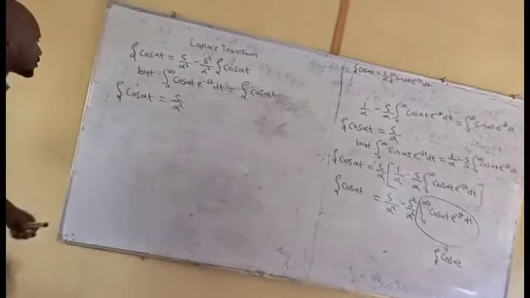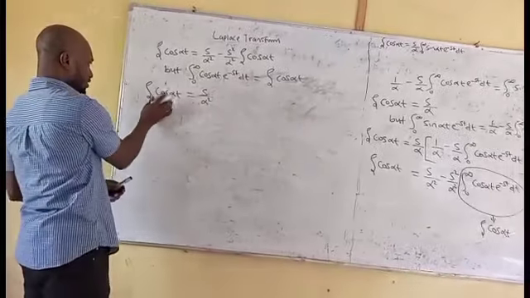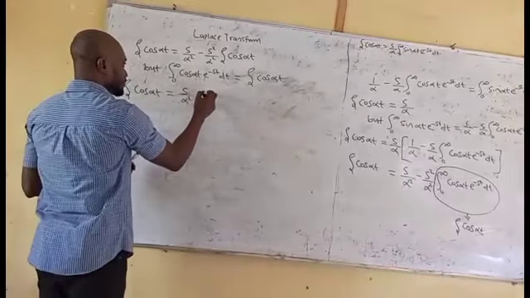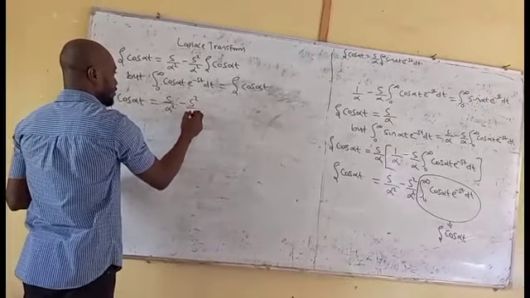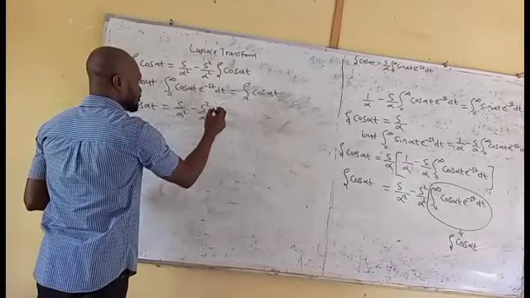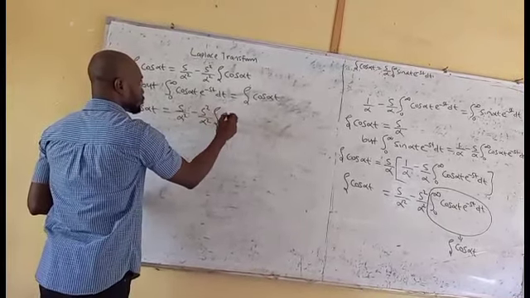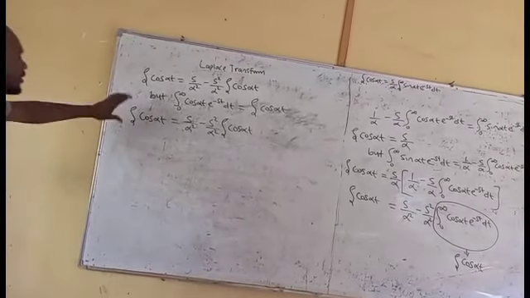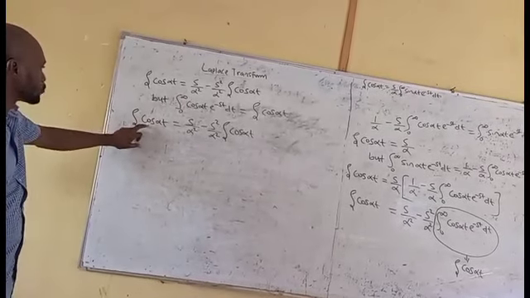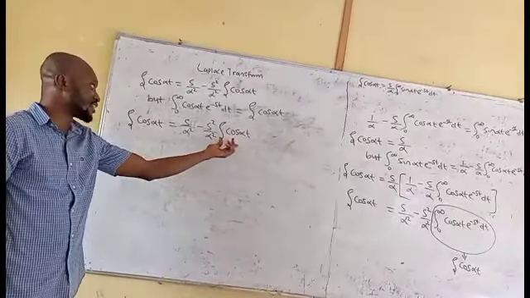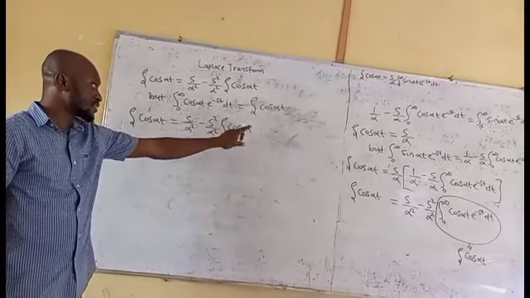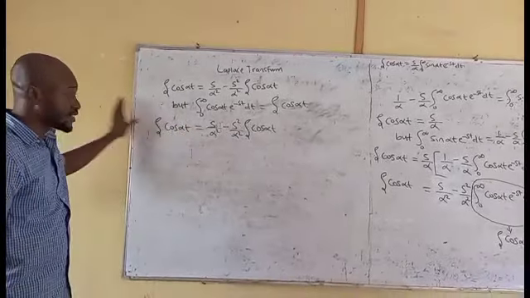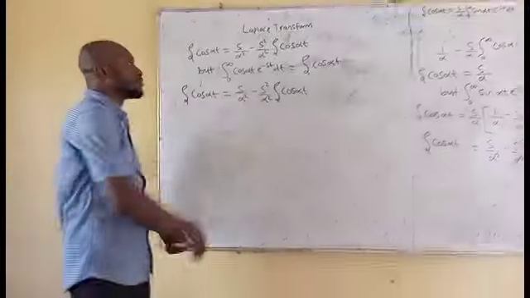to have alpha squared. This will give you x. This is equal to x over alpha squared minus x squared over alpha squared times this Laplace transform of cos alpha t. Now I have the Laplace transform of cos alpha t on my left hand side, and I still have the Laplace transform of cos alpha t on my right hand side.